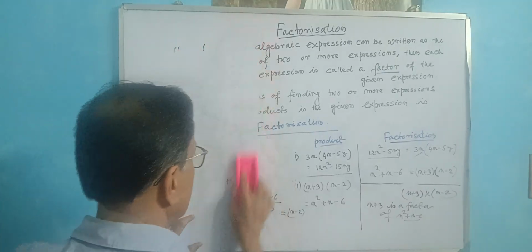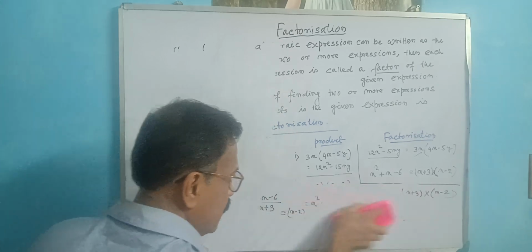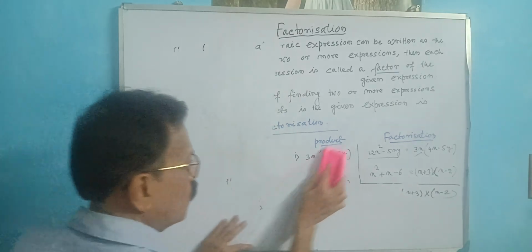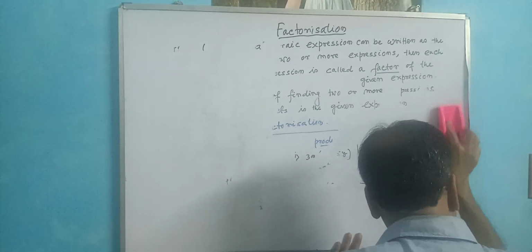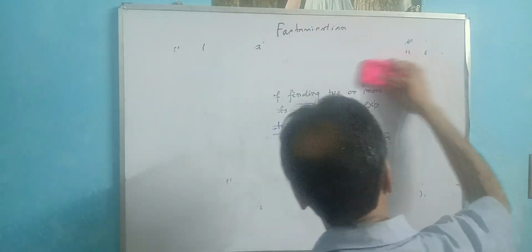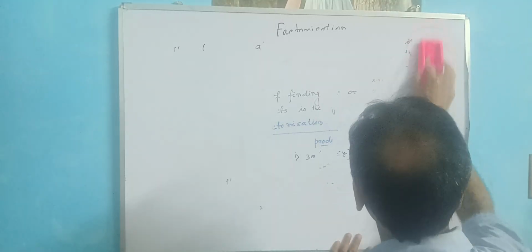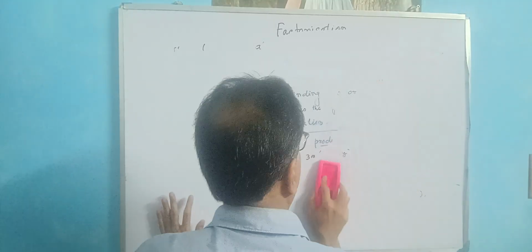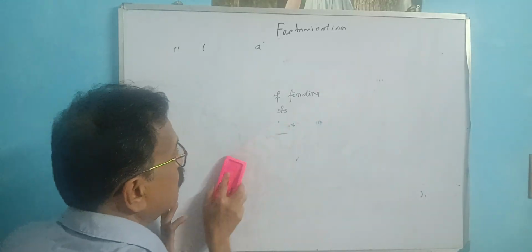This is factorization, and you can find the factorization by different processes. We will do factorization in various ways, and I will show you one by one. Okay, the different ways to find the factorization of an algebraic expression.